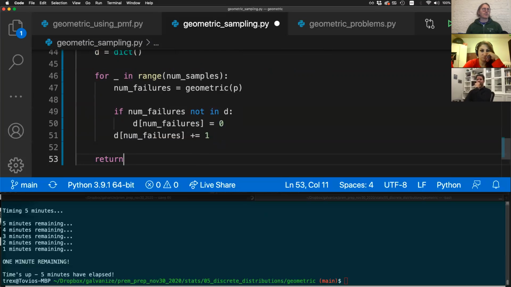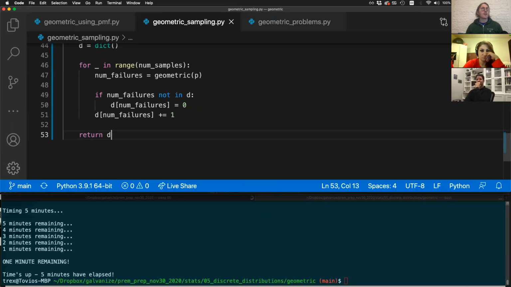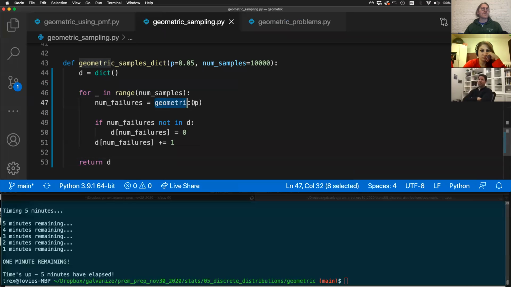And I can return the dictionary. So the only thing that makes this different in light of binomial is the function that we're calling out to that represents the geometric process.